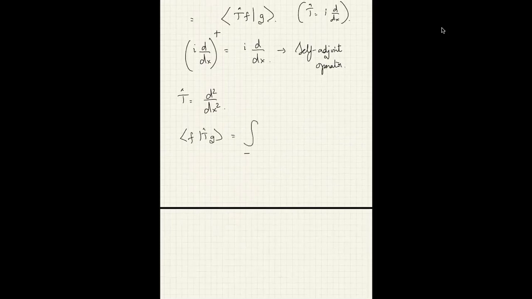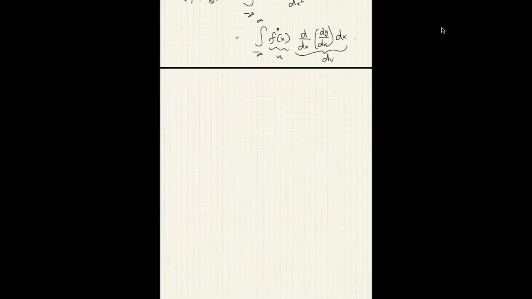This is equal to the integral from minus infinity to infinity of f star of x, d²g/dx², dx, okay? So again, just to be very explicit, I can write this as f star of x, d/dx of dg/dx, dx. And I will do an integration by parts. This is my dv and this is my u.